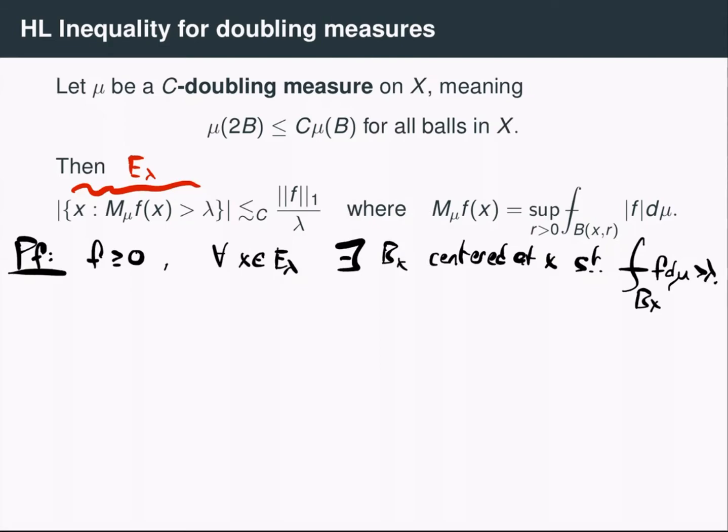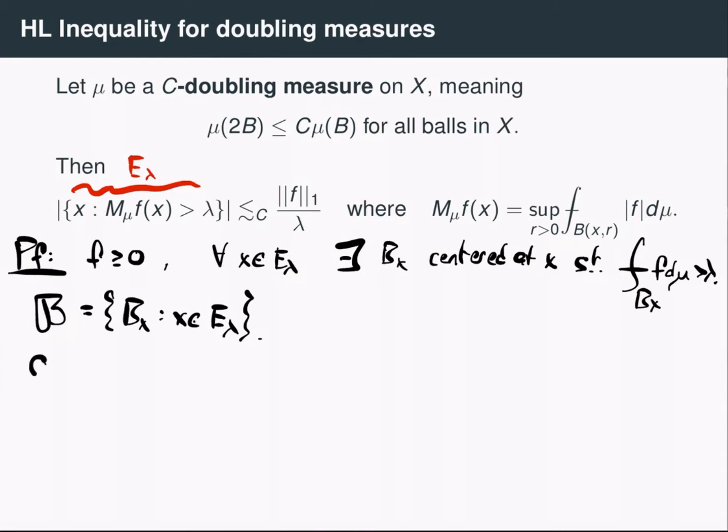I'm going to let curly B denote the collection of these balls. Notice automatically that E lambda is covered by the union of these balls, since every point in E lambda is a center of a ball from this collection.